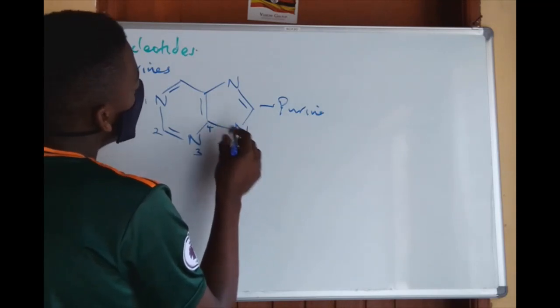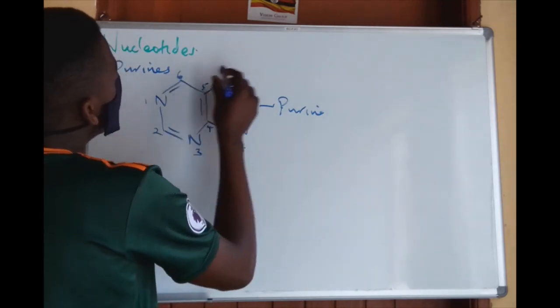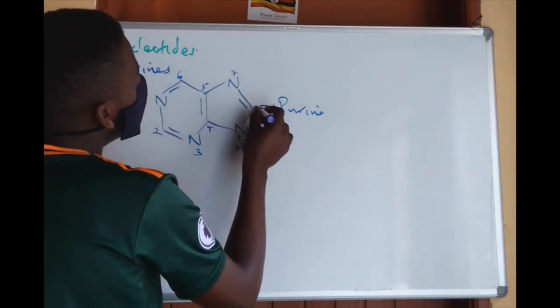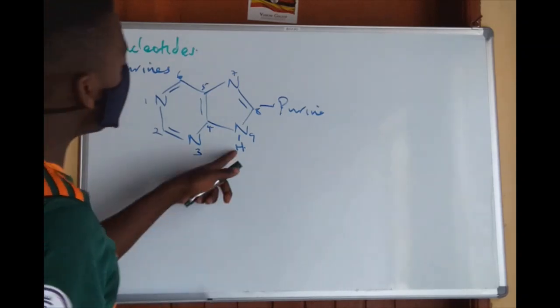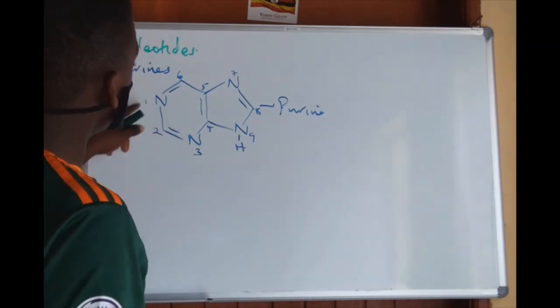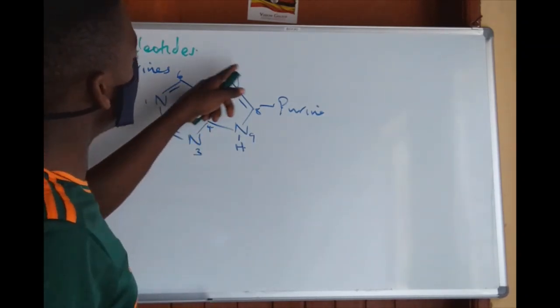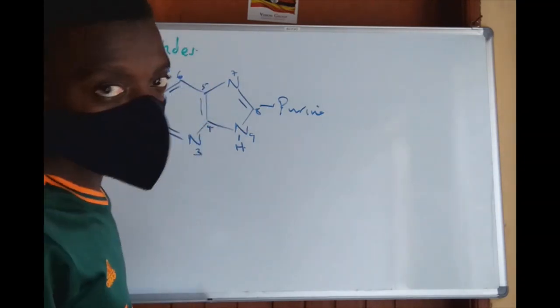This is 5. This is 6. This is 7. This is 8. This is 9. So you see, you have the hydrogen atom at carbon 9. This one is anticlockwise, whereas this one is clockwise from 7.